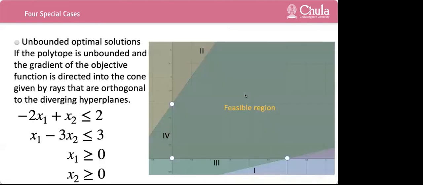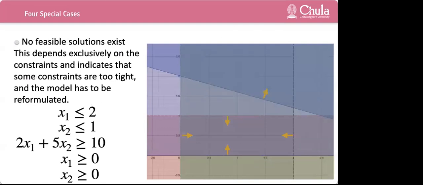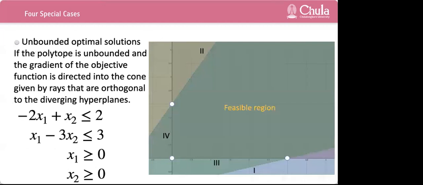We have the case of no feasible solution, where we don't have a feasible region. The second case is an unbounded optimal solution. In this case, the feasible region exists, but the solution is not defined because it is unbounded in this direction.